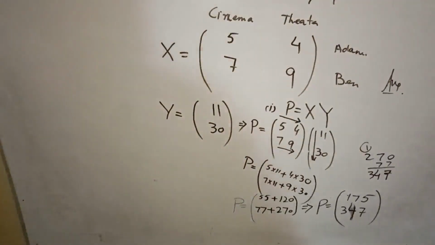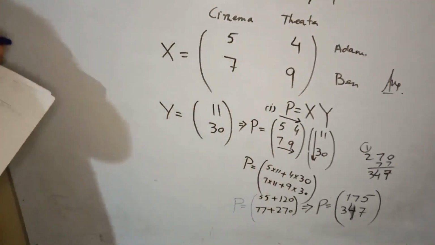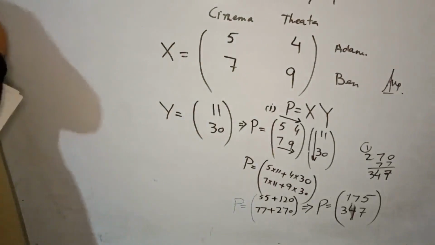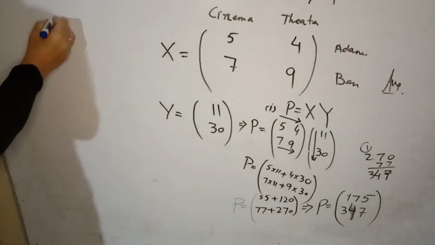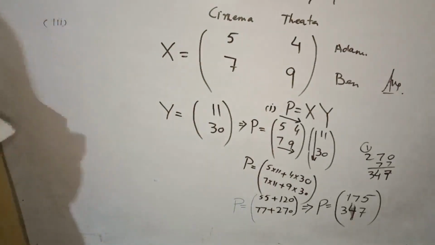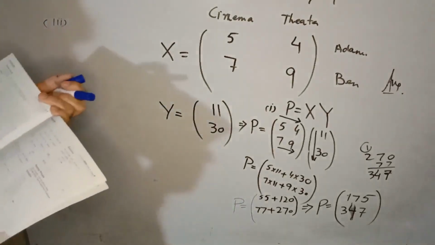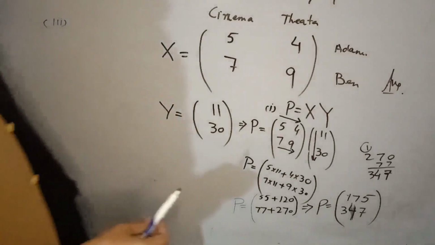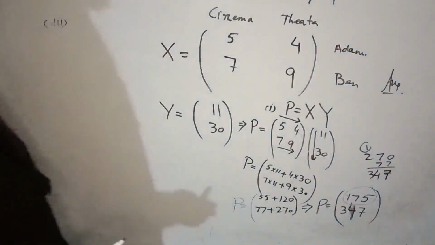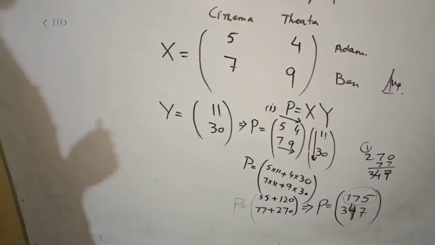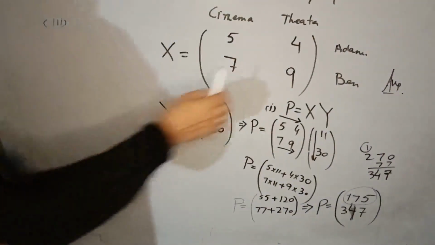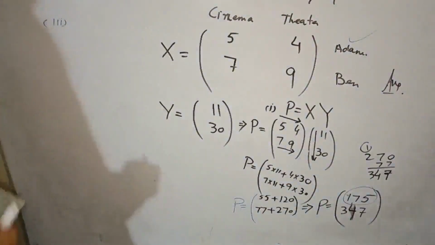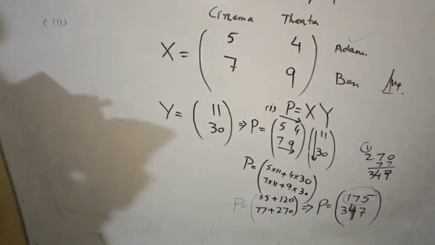Question is, third part is, I have already explained it, but again I do it for you. Third part is, explain what the elements in matrix P represent. Matrix P, the first row element 175 represents the amount spent by Adam, and 347 is the amount spent by Ben.